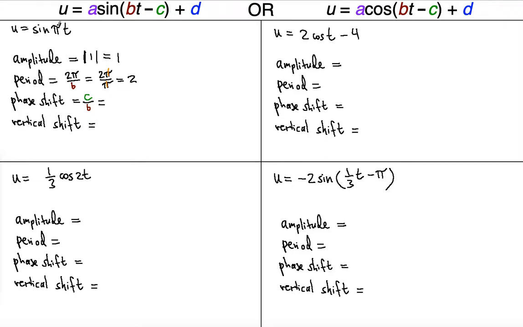In this case, the b is pi, right? And the t is t. But there's no minus c, right? So whenever you don't see it, there are no parentheses either for that angle. That means the c value is 0, right? So it's going to be 0 being divided by pi, right? Which is the b value. 0 divided by pi is 0, right? So the phase shift in this example of this function is 0.